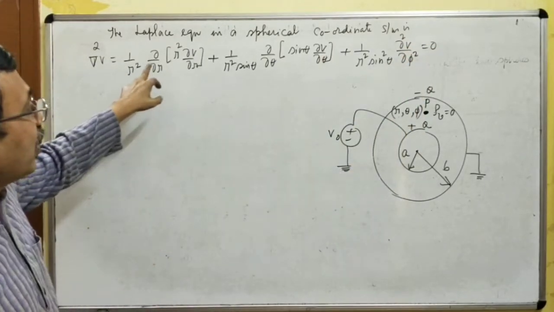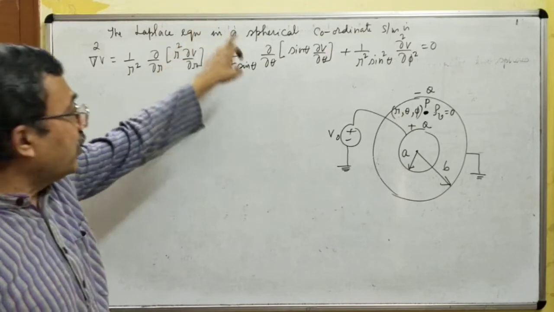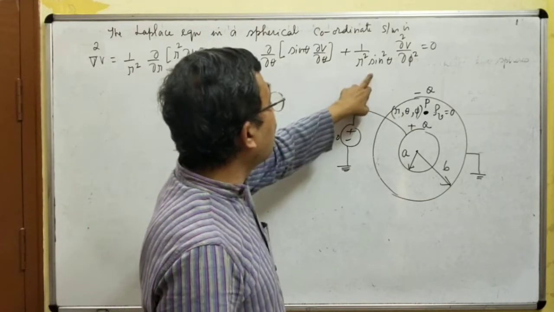This gives variation in R direction, this gives variation in theta direction, this gives variation in phi direction.